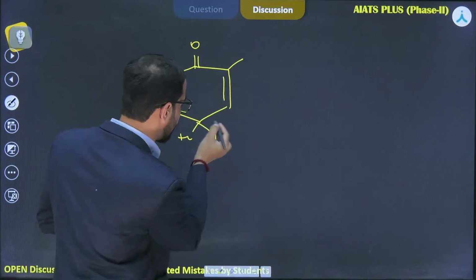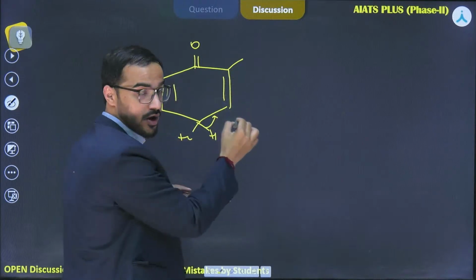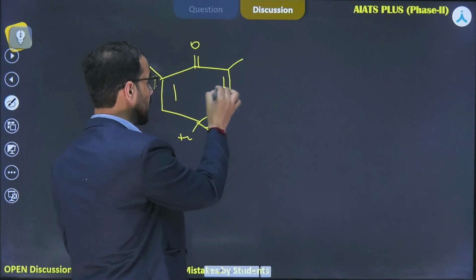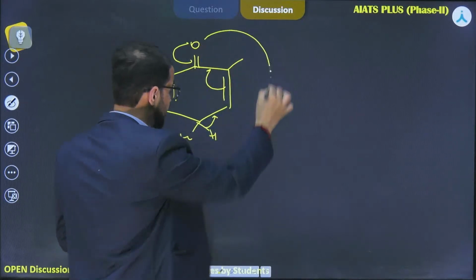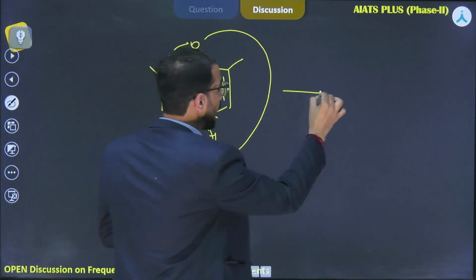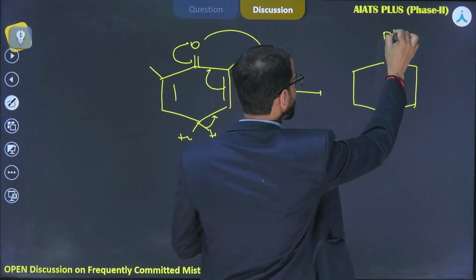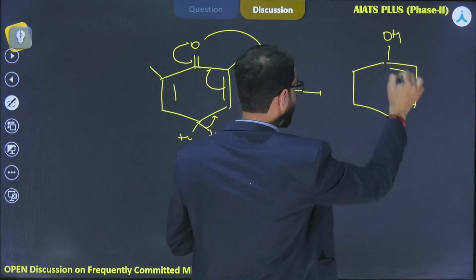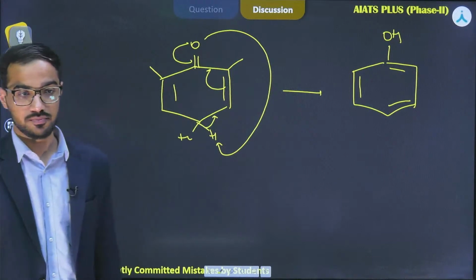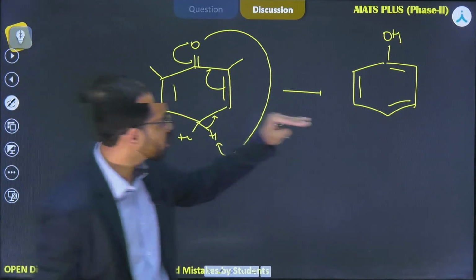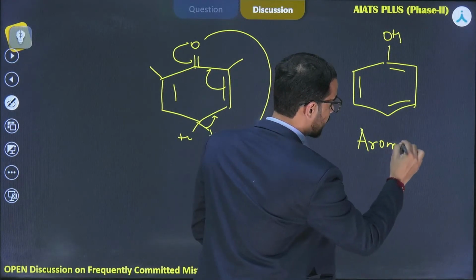Can this lone pair move over here, or can this bond move over here, and this pi bond move here, and the negative charge formed will take a proton and form this. This is OH, a double bond comes here, there is again a double bond, and again a double bond. Remember, the product formed is aromatic.